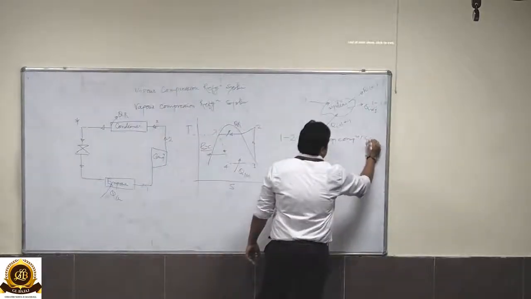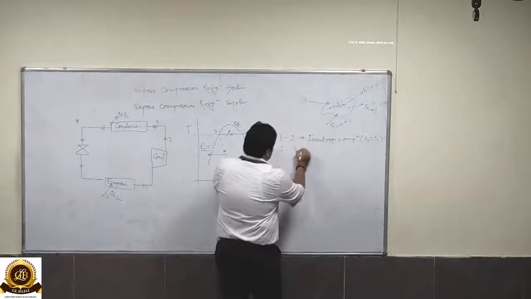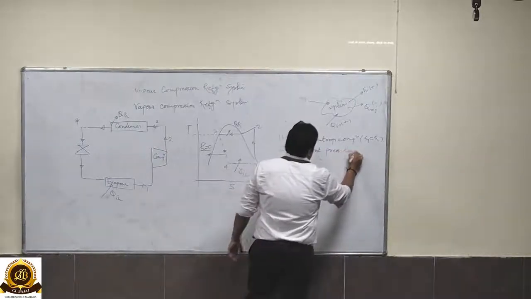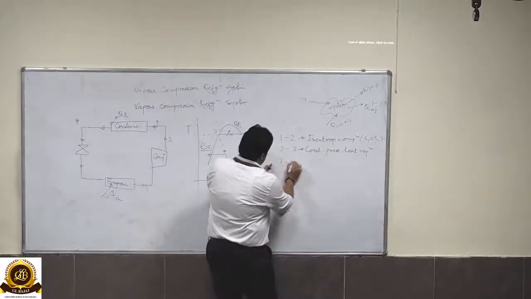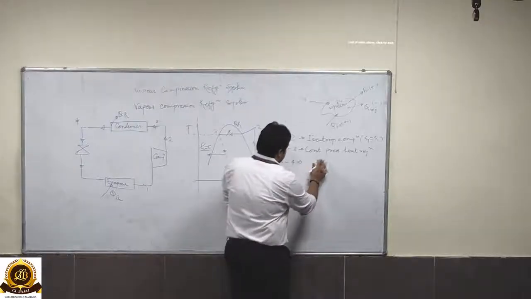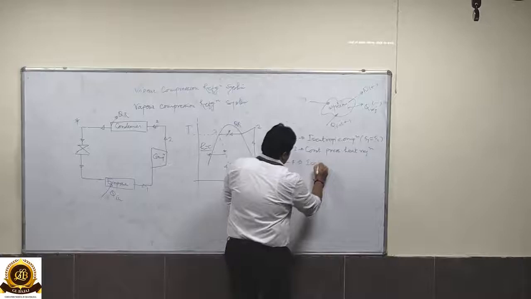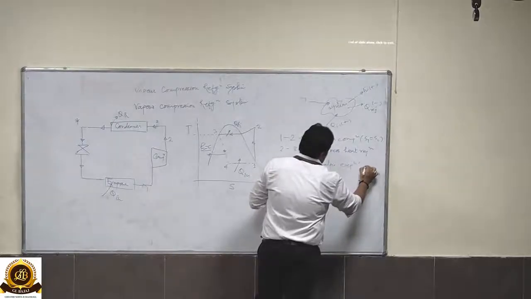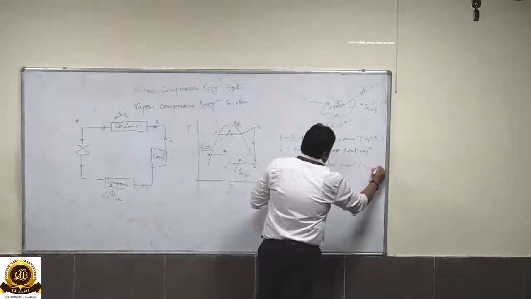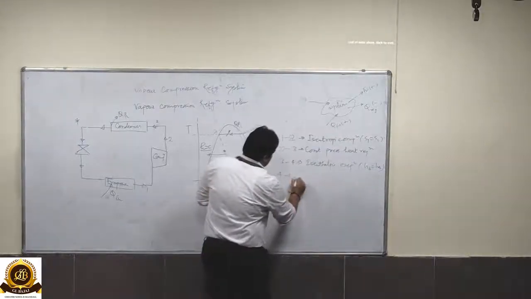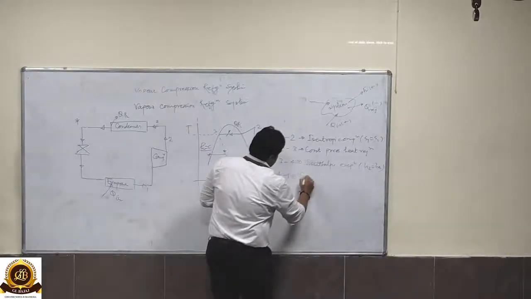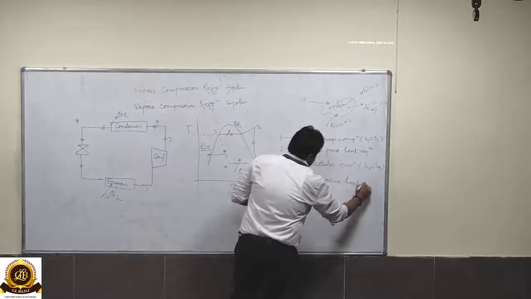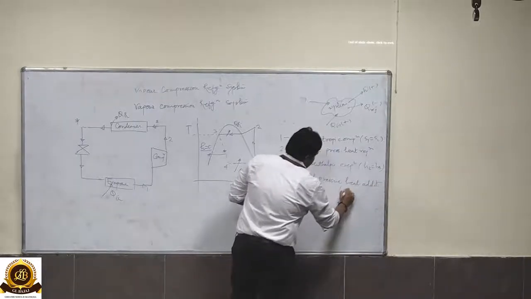Enthalpy remains constant during this process. 2 to 3 is constant pressure heat rejection. 3 to 4 is isenthalpic expansion, which takes place in a throttling valve where enthalpy remains constant, while 4 to 1 is constant pressure heat addition, which takes place in process 4 to 1.